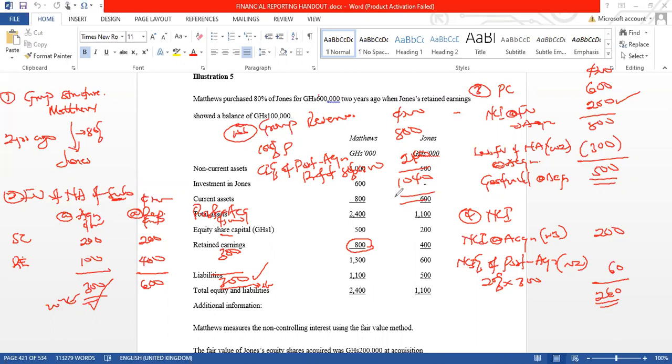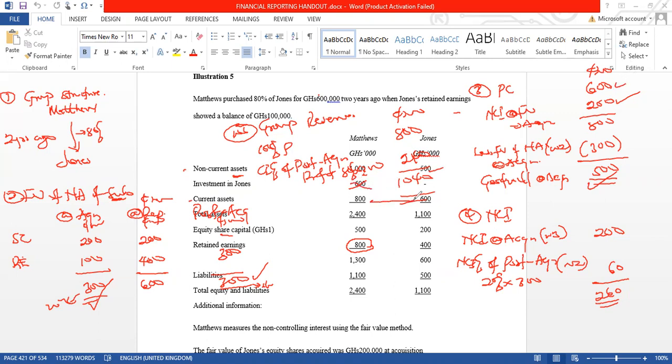All right, so once you are done, you are going to repeat all these things that you see here again. So you will bring in your goodwill, like I showed you, then you add the assets together. You have 1,000, you have 500. The investment is the purchase consideration with you, all right?